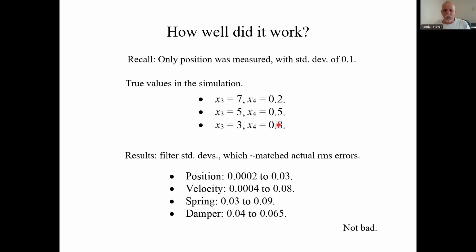The damper constants were like these, and we're at least 1 or 2 orders of magnitude better, mostly more. But anyway, I consider that not bad. We did a fairly decent job of estimating not only position and velocity, but those unknown parameters. Anyway, that's all I want to say about parameter estimation or real-time system identification.